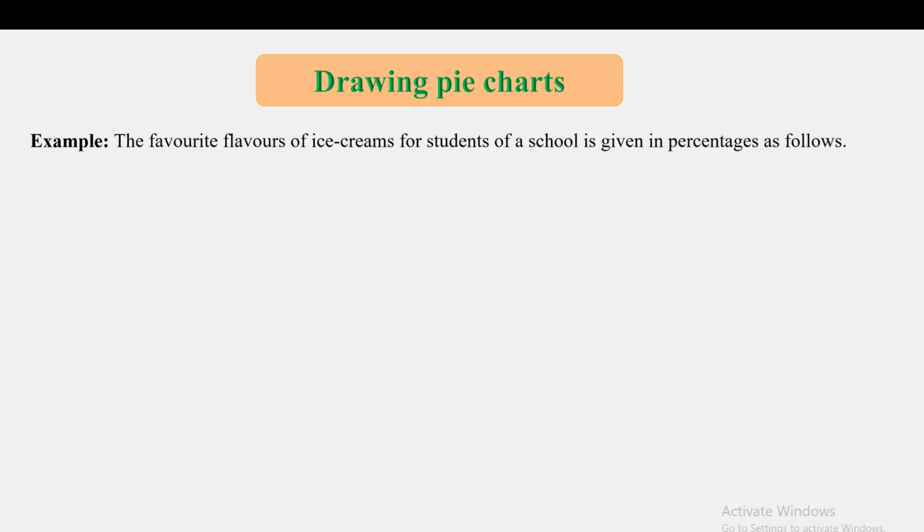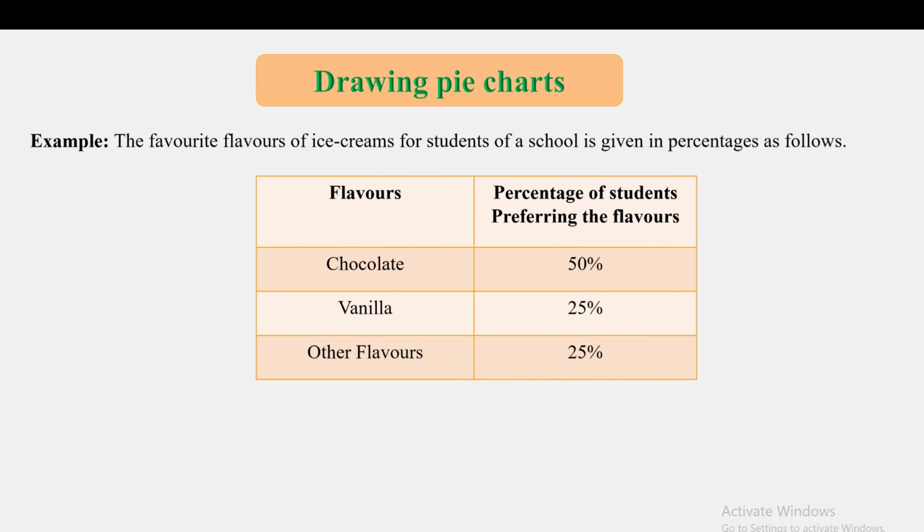Drawing a pie chart. Example: the favorite flavors of ice cream for students of a school are given in percentages as follows. Chocolate is 50%, vanilla is 25%, other flavors 25%. The total angle at the center of a circle is 360 degrees.